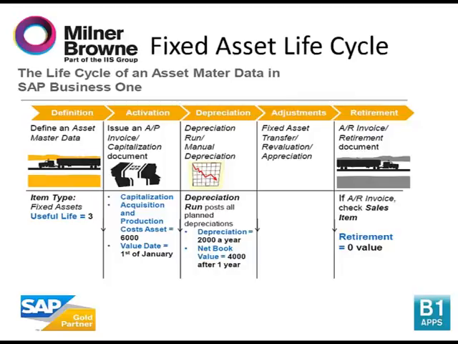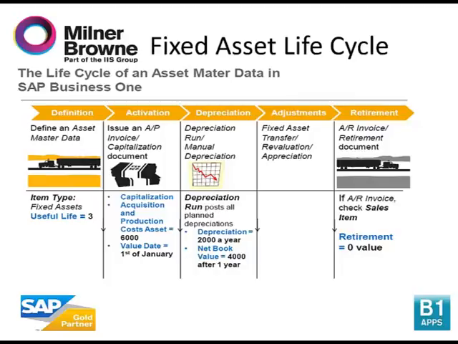So in this example, we'll record a purchase invoice with a cost of 6,000 and a value date of the 1st of January. The value date on the invoice will then come across as the capitalization date for that fixed asset.